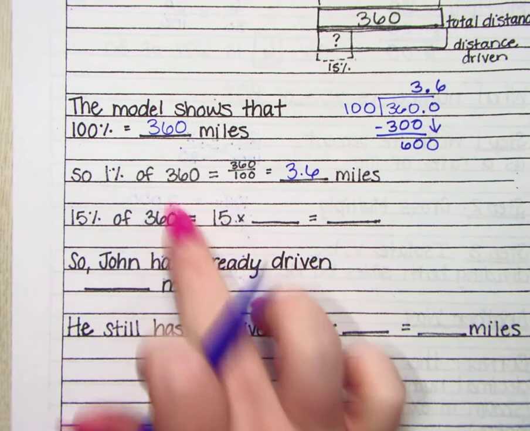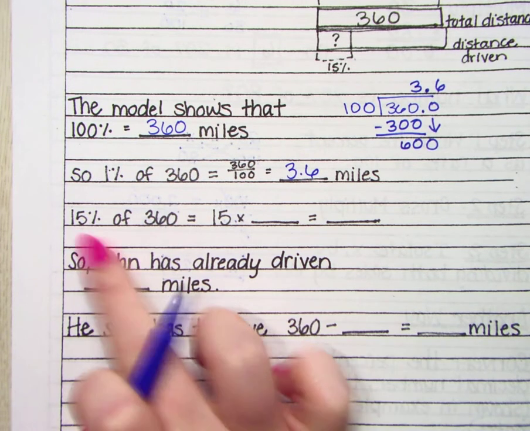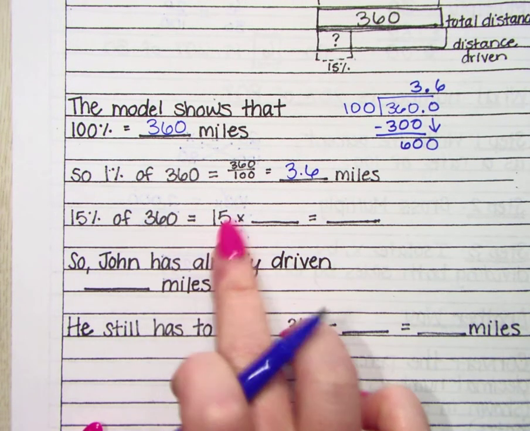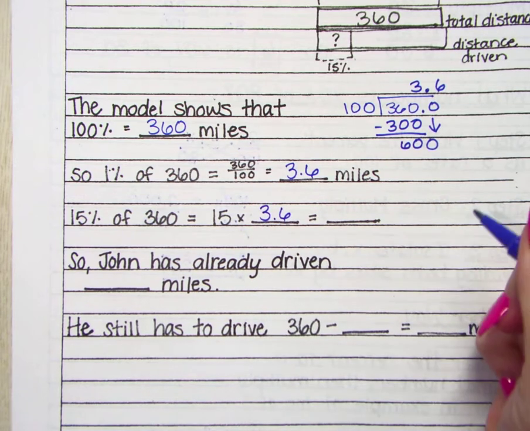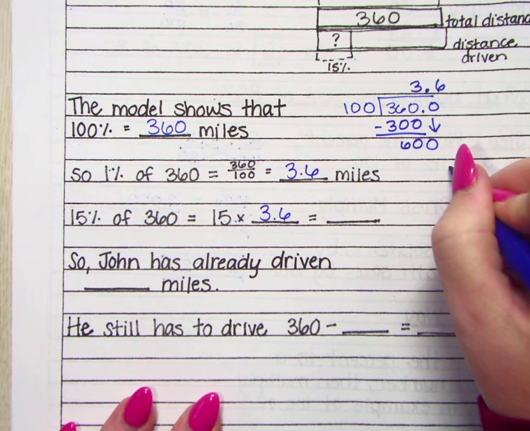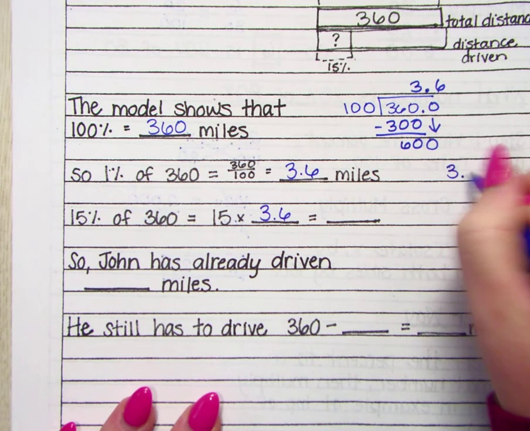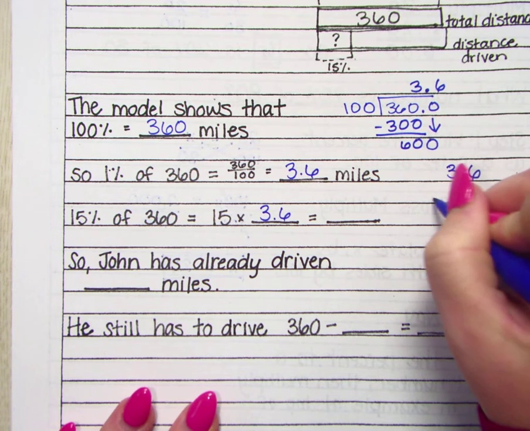Now, if 1% of 360 is 3 6/10, then 15% of 360 would equal 15 times that 3 6/10. So we come over here and we multiply 3 6/10 times 15.